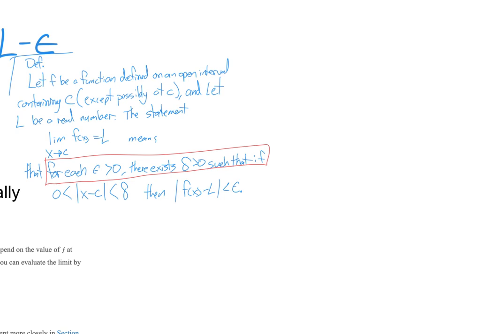So I could rewrite that saying, with this symbol, for each or for all or for any epsilon greater than 0, there exists delta greater than 0 such that, and this symbol says the same thing as that. Okay, so that's shorthand notation that I may use just so you get familiar with it.